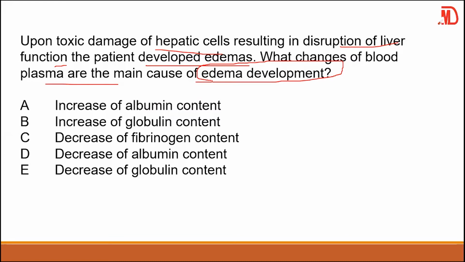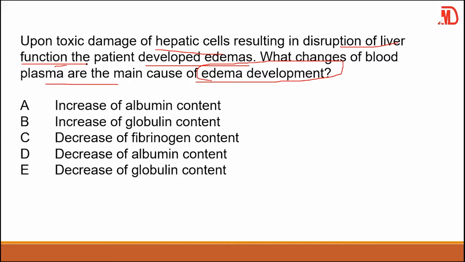However, in a case where you are having a disrupted liver function, first of all, what controls oncotic pressure? Who can tell me? Guys, we've done this. I even drew a diagram. What controls oncotic pressure? Protein. What kind of proteins?